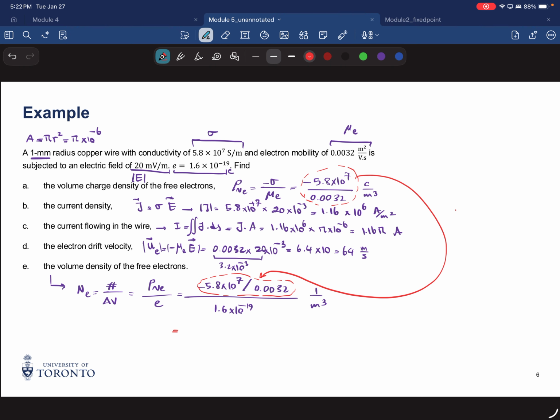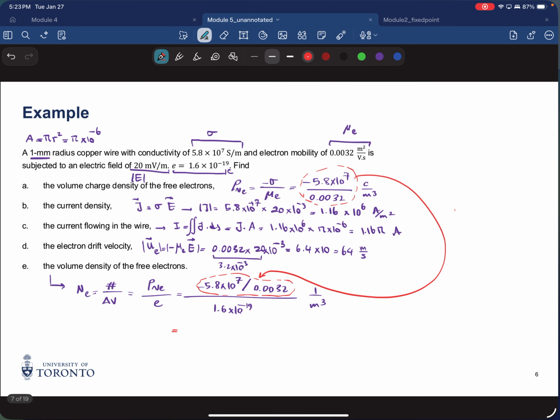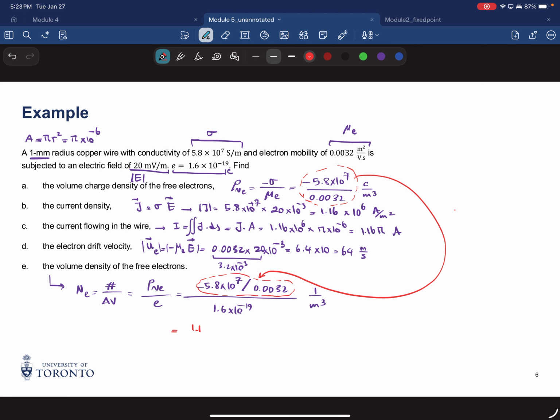Let me just go scientific. So that's 1.13, 10, 7, 3, 19.